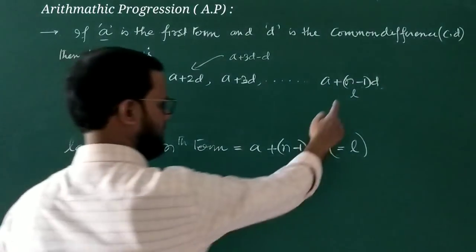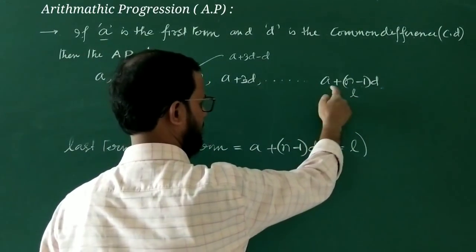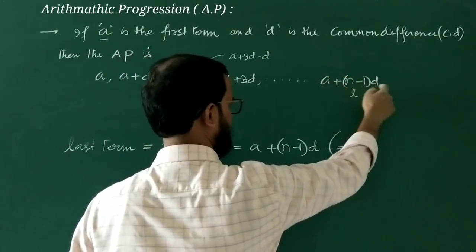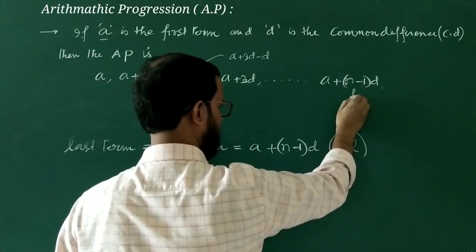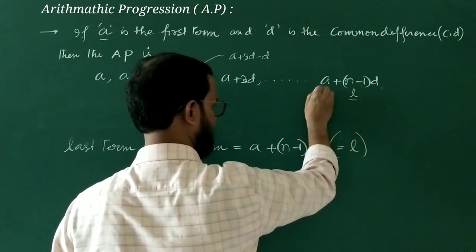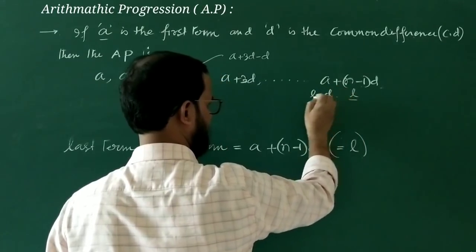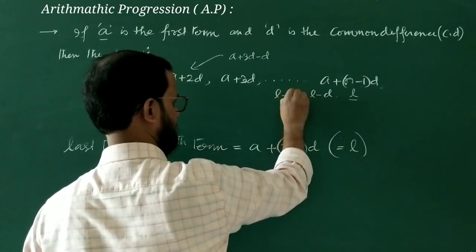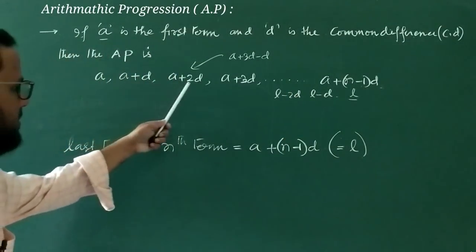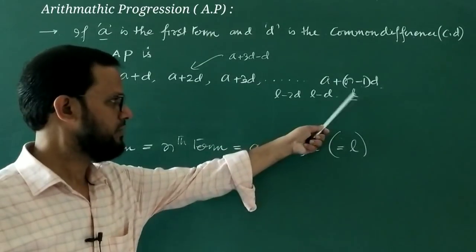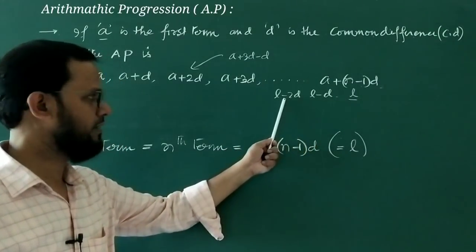Since this is the last term, to get its previous term you have to subtract d from l. That means if l is the last term, then its previous term will be l minus d, and its previous term will be l minus 2d, like that. So this is the first term, the second term, the third term, the last term, then its previous term is l minus d, then l minus 2d.